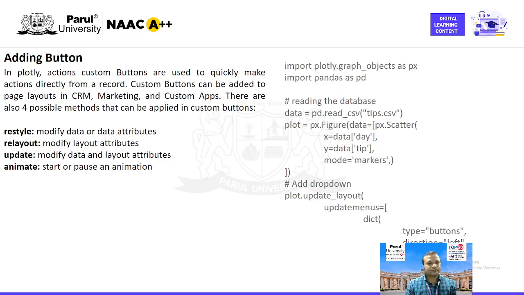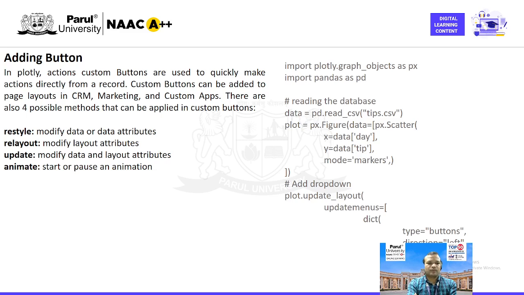Buttons can also be added in Plotly. Custom buttons are used to quickly make an action directly from the record. Custom buttons can be added to page layout in CRM, marketing, custom apps.